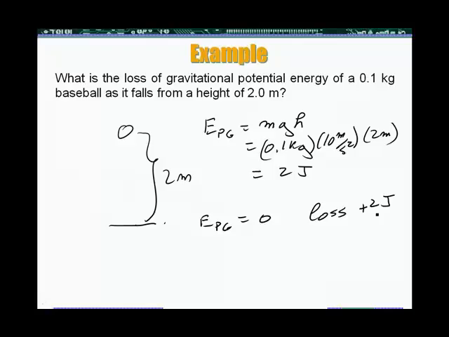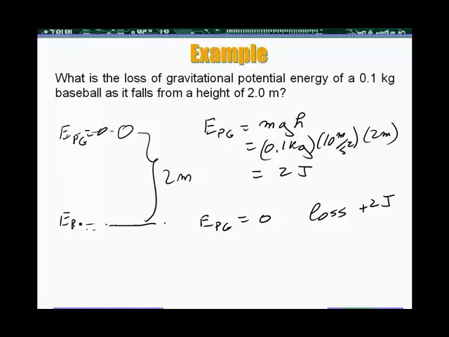Notice that I would have found the same result if I used another reference point. For example, let me choose the initial position as a reference point. Then EPG initial would be 0.